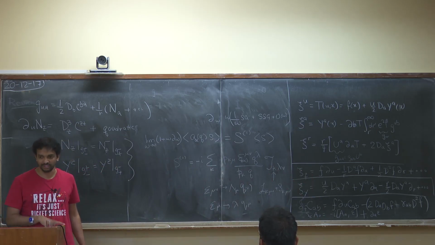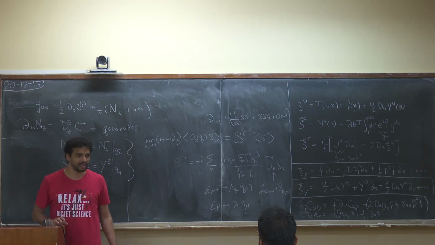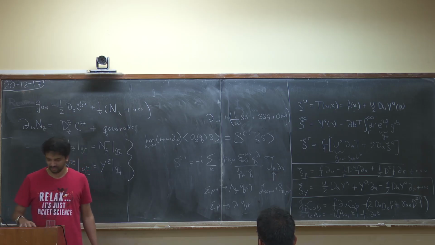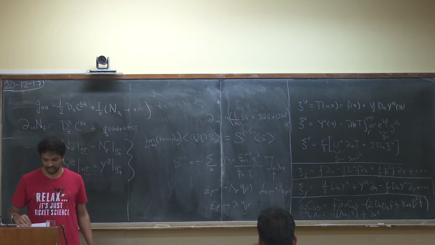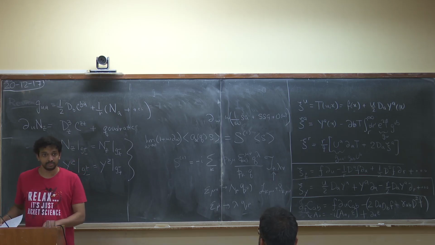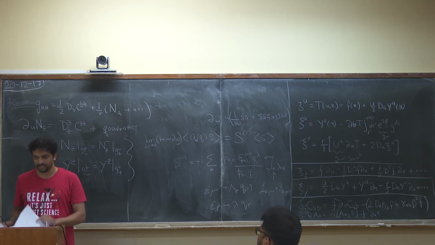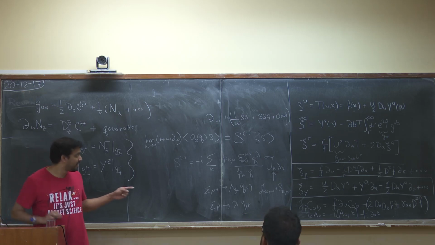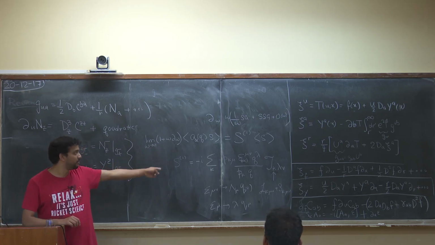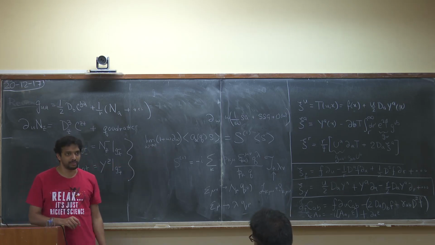Well, no. Well, the soft graviton does not have any local gauge invariance. It's not associated to any local gauge. One could have derived the subleading soft theorem by independent methods.